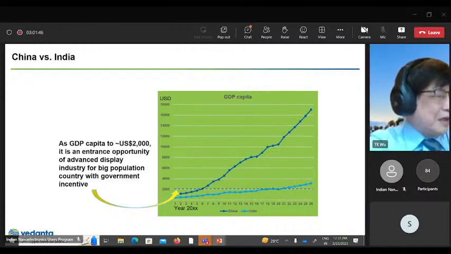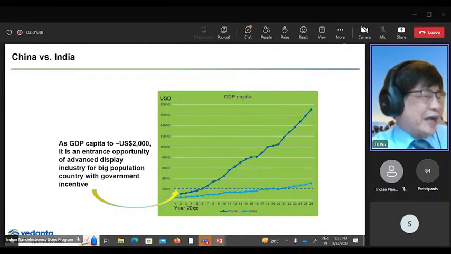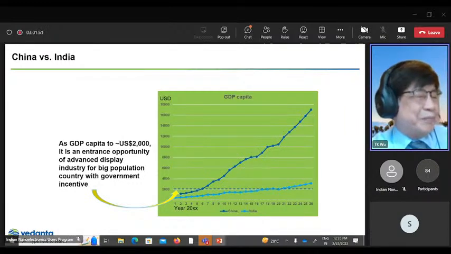And the Chinese experience proved that a GDP per capita of $2,000 is an entrance opportunity for the advanced display industry for a big population country.